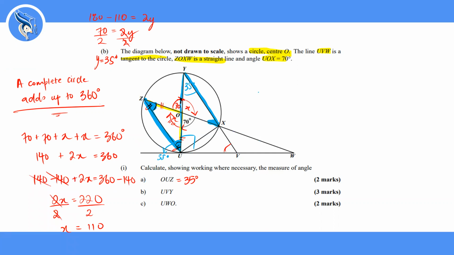UVY. Now remember, angles in a triangle add up to 180. So if I label this angle V, 90 plus 35 plus angle V should equal 180 degrees. So you can go ahead and solve for V. So 35 plus 90 is equal to 125 plus V, and that's equal to 180.